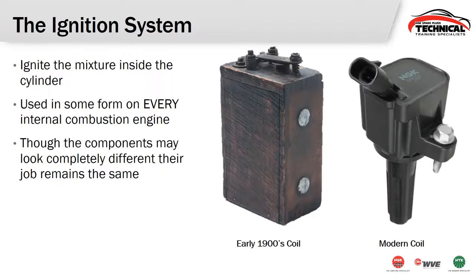And here you can see a little bit of history with an early 1900s ignition coil compared to a modern coil that you would see on an engine coming off the line today. Very different look, very different packaging, but overall the two components function in the same manner. They both help to create the ignition event inside of our cylinder.